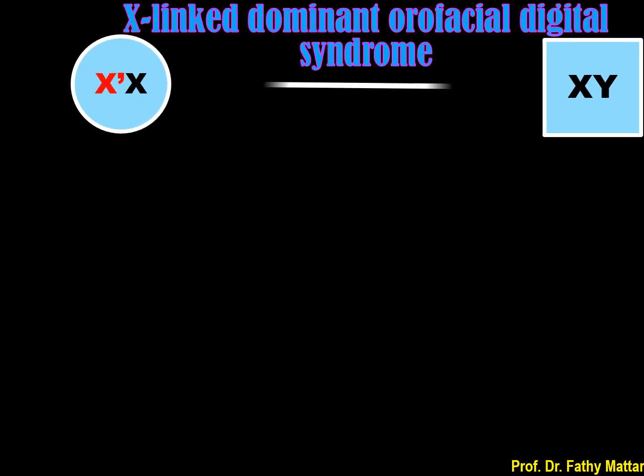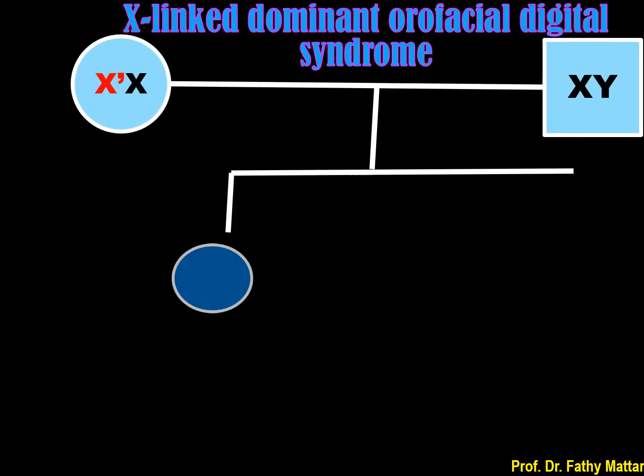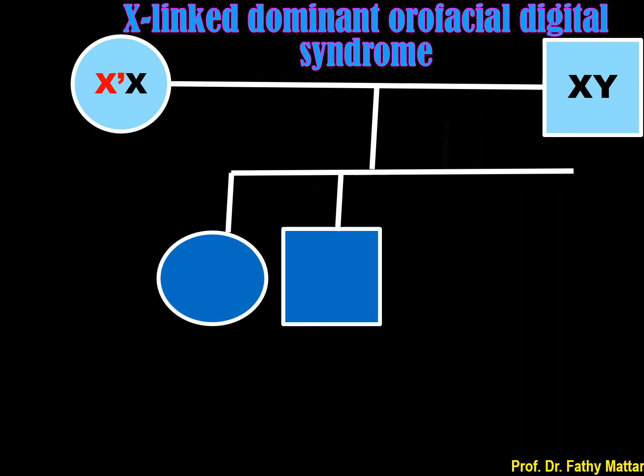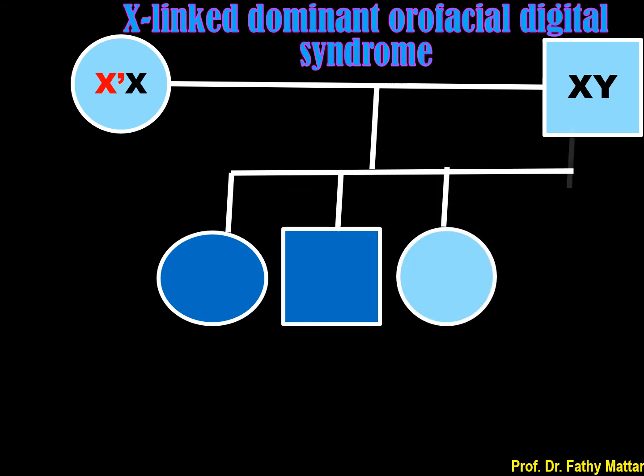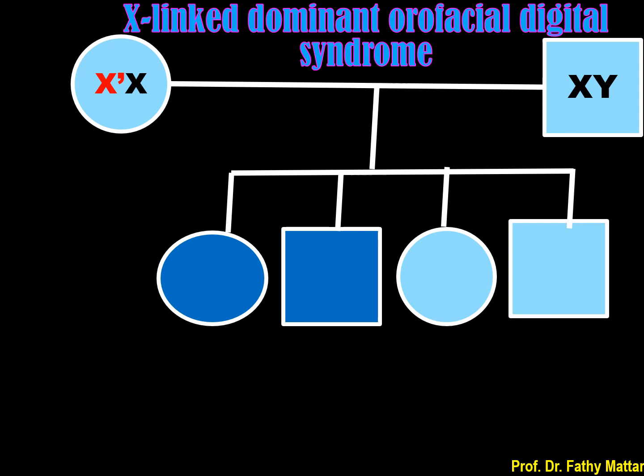Now, if we take a case of X-linked dominant orofacial digital syndrome, a female who has the red, which is the syndrome, which can express the syndrome, and the black, which is normal.